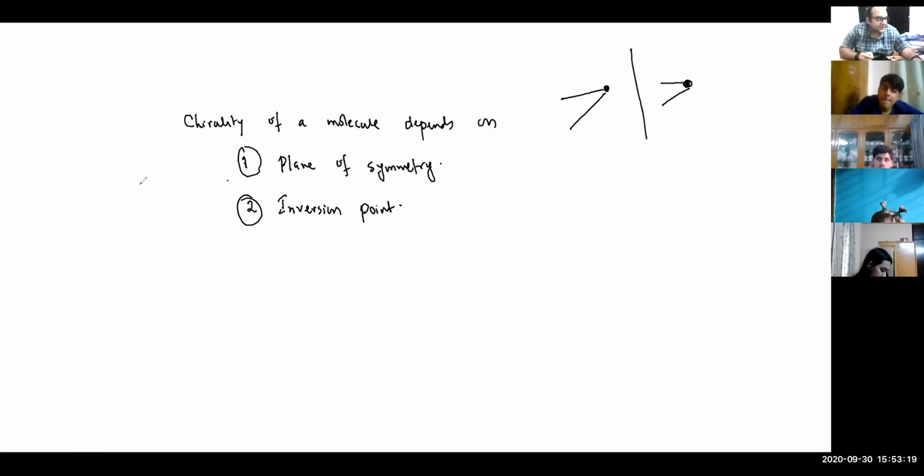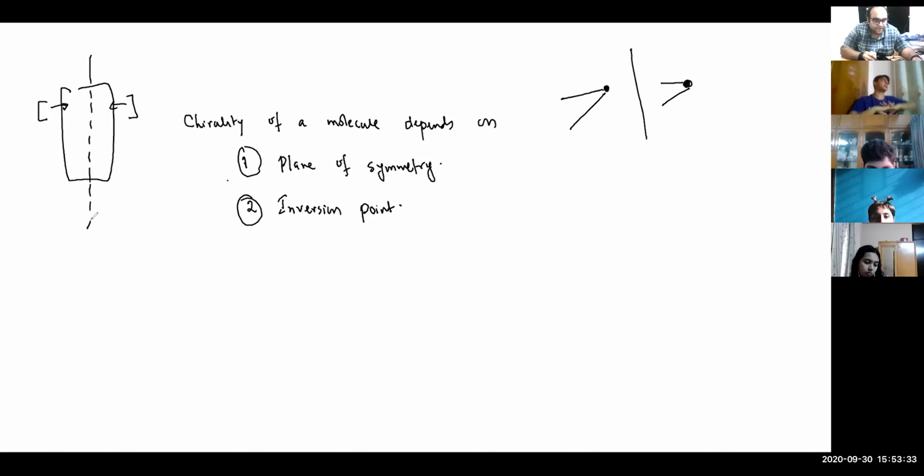Like your right and left chair, or this table: this is pointing towards the table and this is also pointing towards the table. If we take a mirror image, you cannot place it directly here. First you have to rotate it, and then insert it on this object. This is the inversion point.